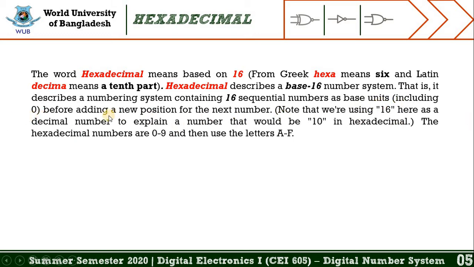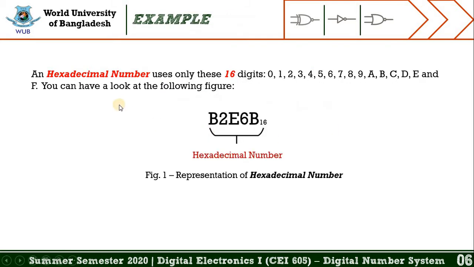Before adding a new position for the next number, note that we are using 16 here as a decimal number to explain a number that would be 10 in hexadecimal. Then hexadecimal numbers are 0 to 9 and then use the letters A to F. We already know that from the previous slide. So let's move into the next slide.